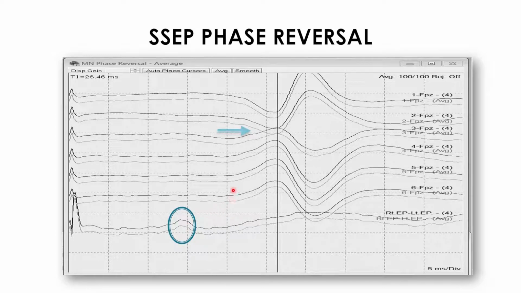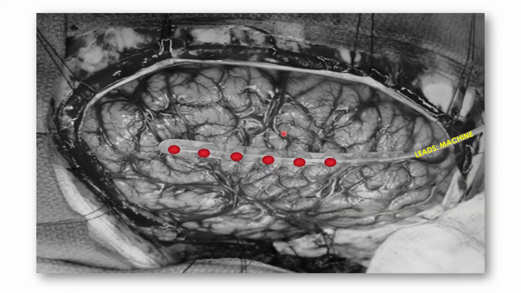And the rest of them are cortical derivations. Here's your N20, your N20, your N20, and you see right here is where it inverts between electrode 3 and 2. We've helped the surgeon determine where the motor versus the sensory tracts are.